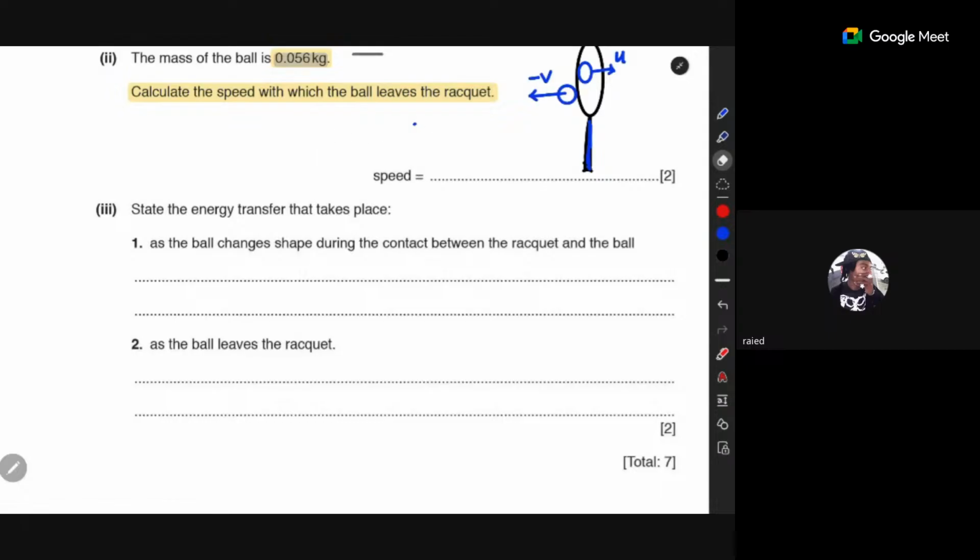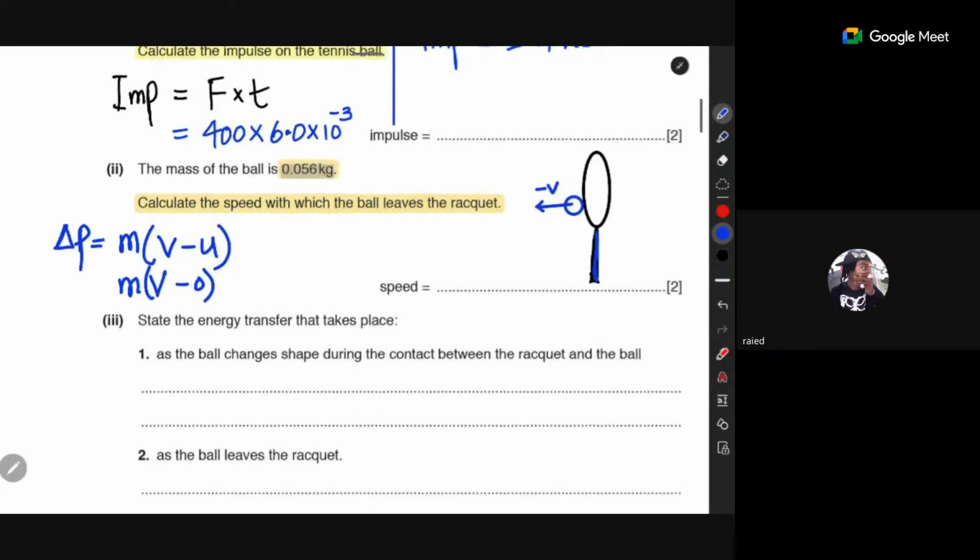Now, I'm just going to rewrite this. What will your impulse be equal to? Impulse is m into (v minus u), because there is no change in direction. So just remove this diagram. Now your m is given to you, and you are supposed to calculate v where u is 0, because initially the ball was at rest.